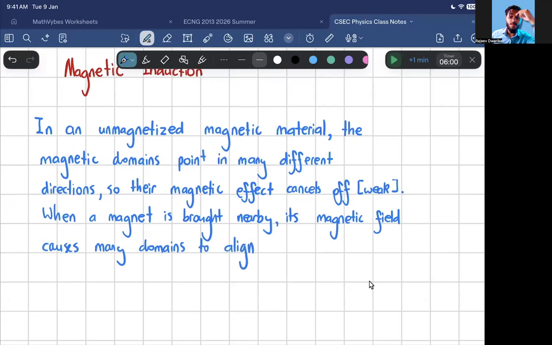So Jadon, what I'm saying is the magnet has magnetic field lines. When you bring it close to the unmagnetized magnetic material, the magnetic domains would now what? Induce the material.